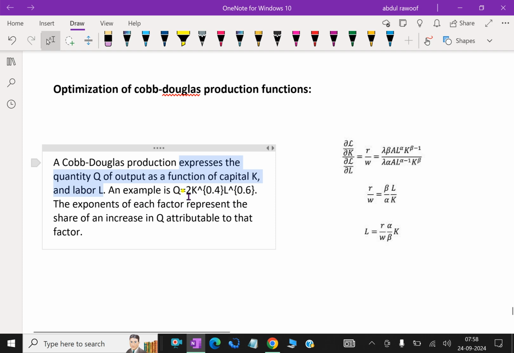This is the basic Cobb-Douglas function. The exponents of each factor represent the share of an increase in Q attributable to that factor.